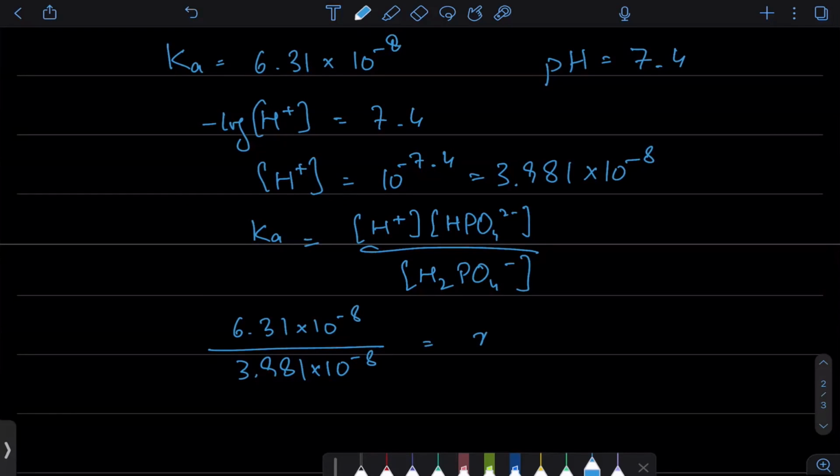That is the ratio of these two. So that was a question that was given in the exam. It's a pretty straightforward question about how you can use Ka to answer many questions. And Ka and pKa relate just like H positive and pH relate to each other.